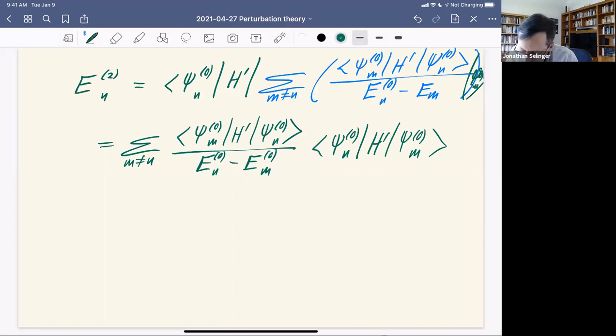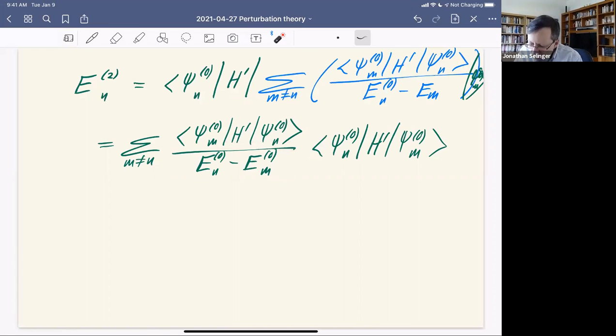Okay, so now you can see this inner product is just like this inner product, except that what's on the right and the left has been switched. You remember that when you switch what's on the right and the left of the inner product, you get the complex conjugate.